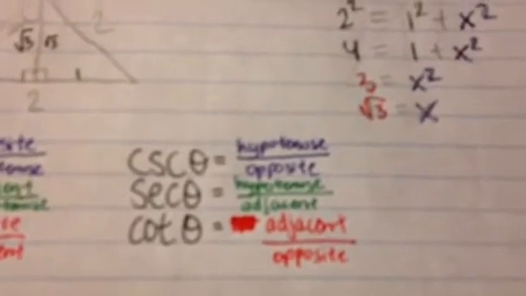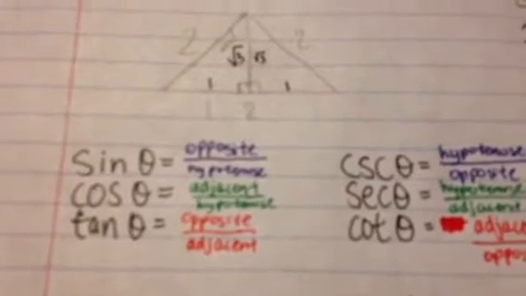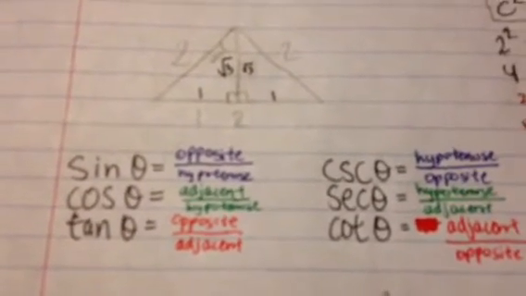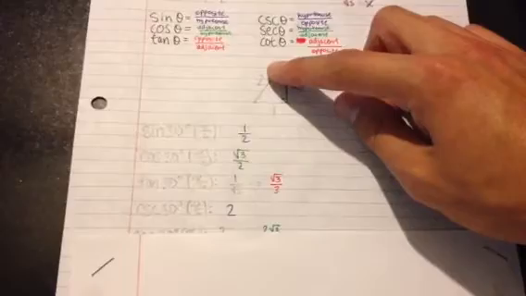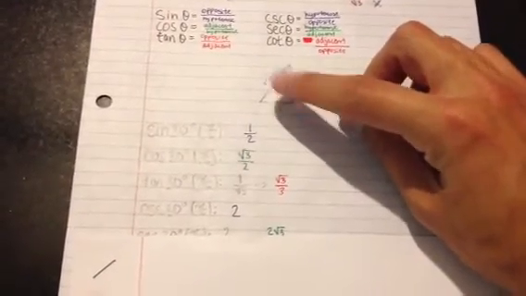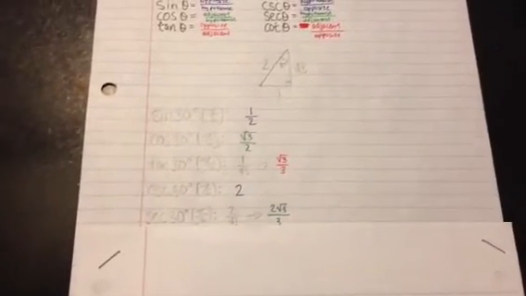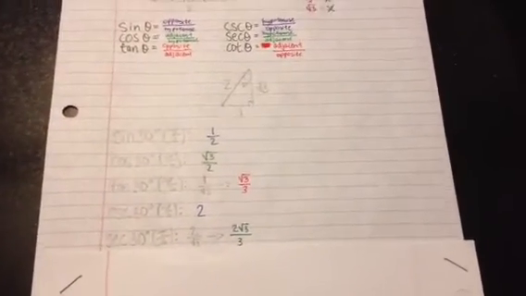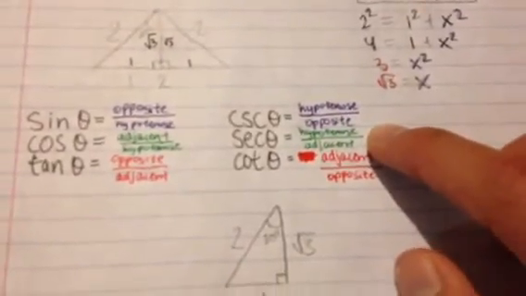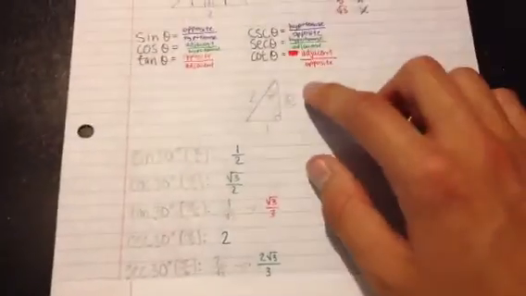Cosecant of 30 is going to be equal to the hypotenuse over the opposite. Literally, again, the flip of sine, which would be opposite over hypotenuse. So, hypotenuse over the opposite side of the angle, 2 over 1, which can be simply written as 2. Secant of 30, or pi over 6, is equal to the hypotenuse over the adjacent side.